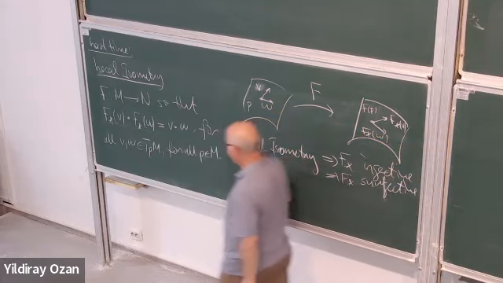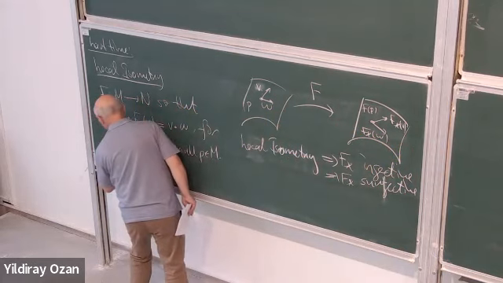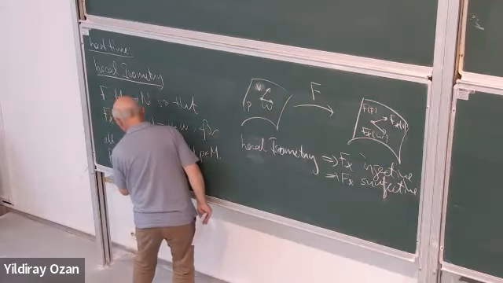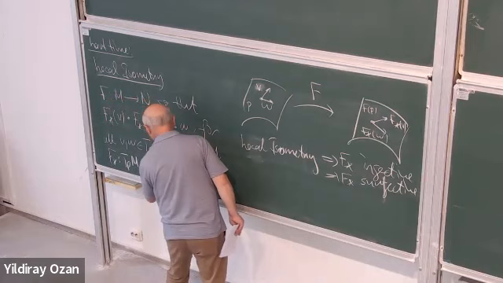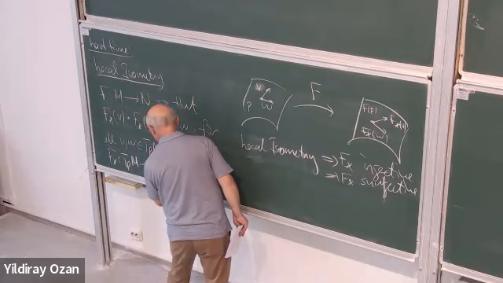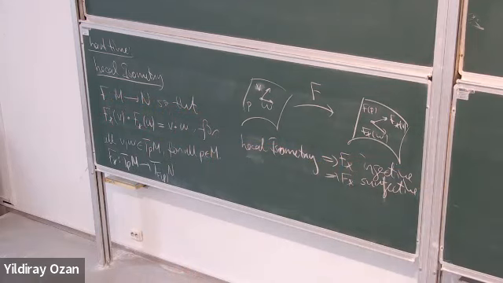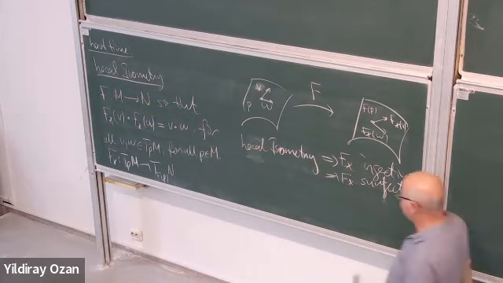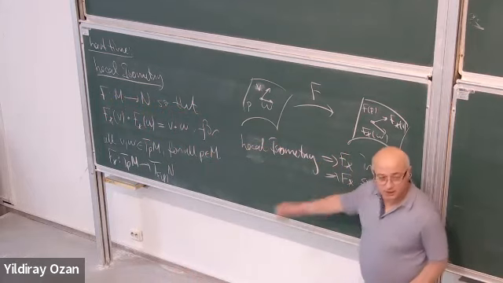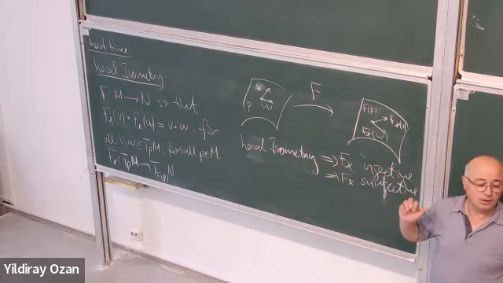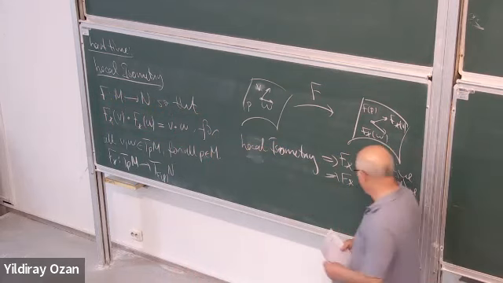F star is a map from the tangent space of the first surface to the tangent space of the second one. They are both two-dimensional vector spaces, and an injective map is necessarily surjective. Therefore, it's an isomorphism. And therefore, by the inverse function theorem, it's a local diffeomorphism.